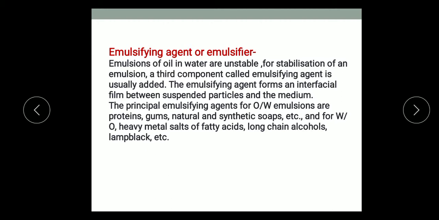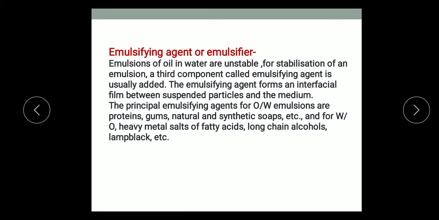Then we come to the emulsifying agent or emulsifier. Actually, emulsions are not very stable. Suppose you have water and you mix some drops of oil and shake it vigorously, it will form an emulsion. But if you keep it for 30 minutes, then you find that we have two separate layers, one of water and the other of oil.